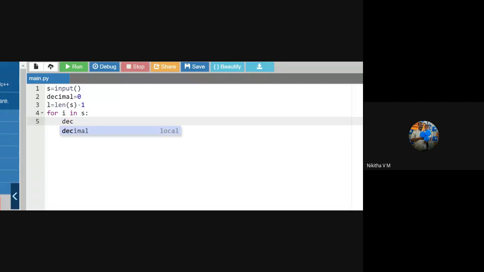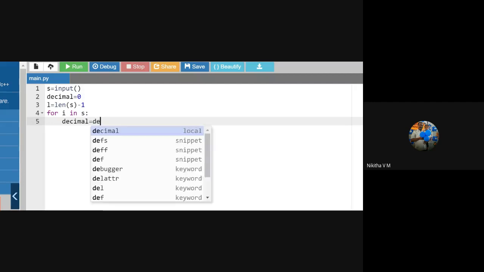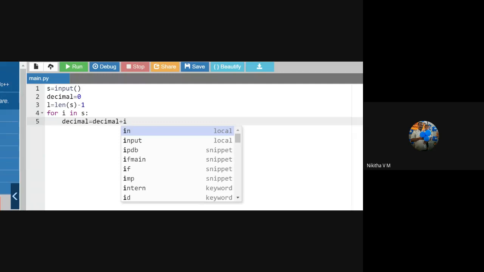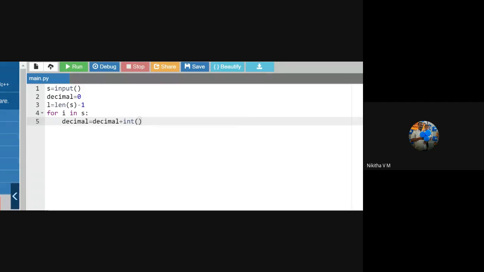I am supposed to take it into the decimal. Okay, decimal is equal to decimal plus. So I will actually have characters, so instead of characters, I'll ask it to give it to me in the form of digit only.